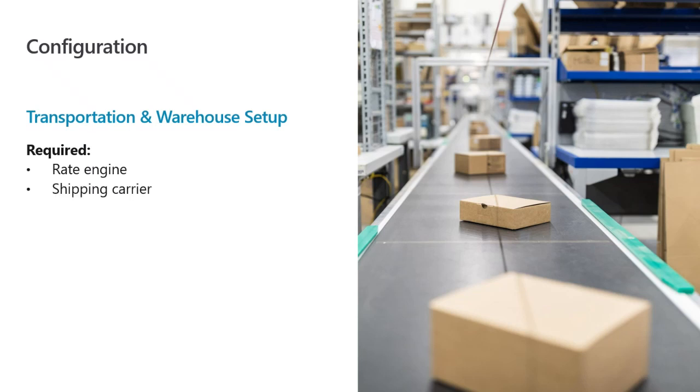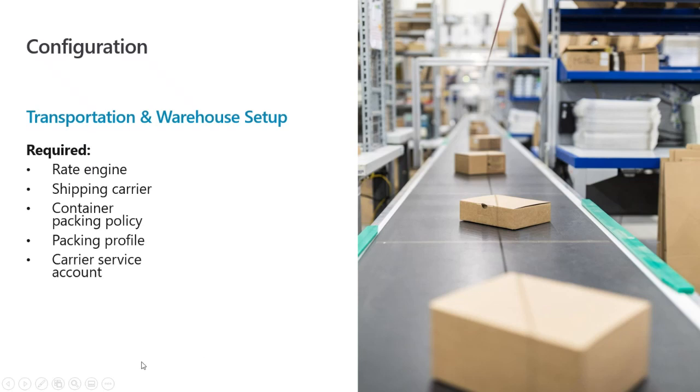The setup of the shipping carrier in TMS. The container packing policy and the packing profile are related settings, and they are in WMS. Then the carrier service account and carrier customer account are related. One of these is in TMS, and one of them is actually set up on the customer record, so you can get there from accounts receivable.